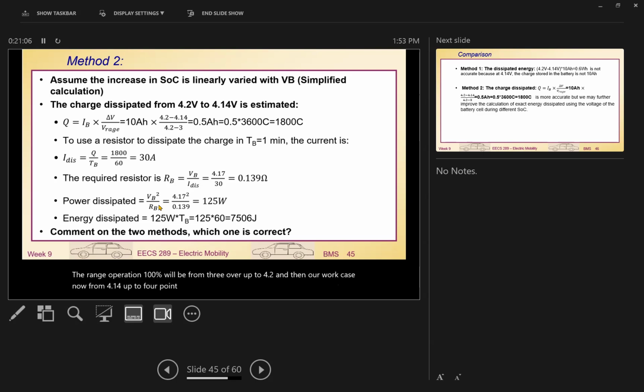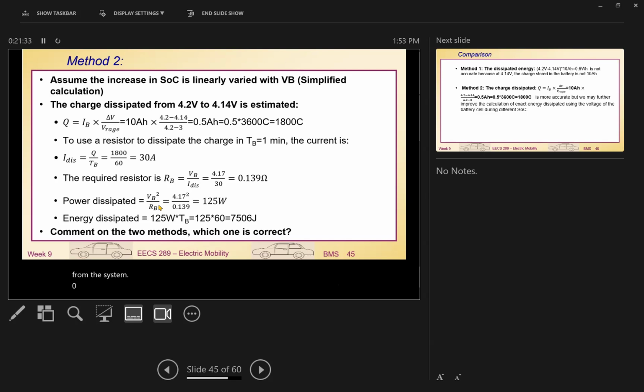So the actual change will be 0.5 AH. That's the charge we decrease going from 100% SOC down to 4.14. So if we assume the curve is linear, we know we're going to remove 0.5 AH from the system.